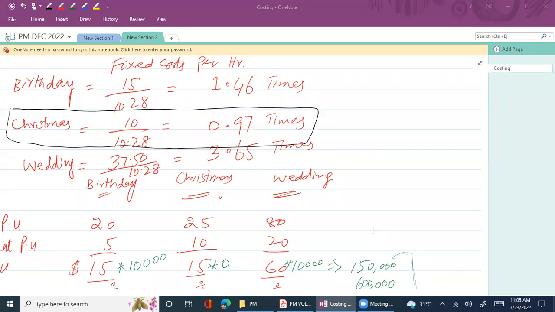We will write in this way: as the throughput accounting ratio of Christmas cake is less than 1, which shows that there is a loss by producing a Christmas cake.